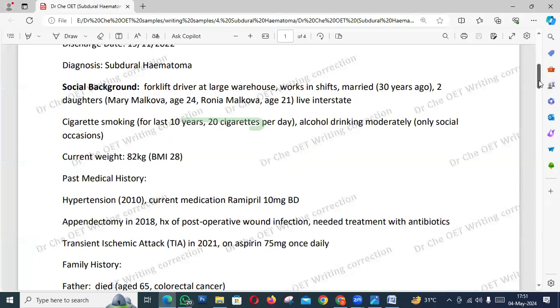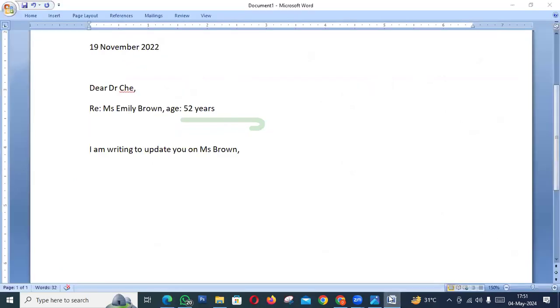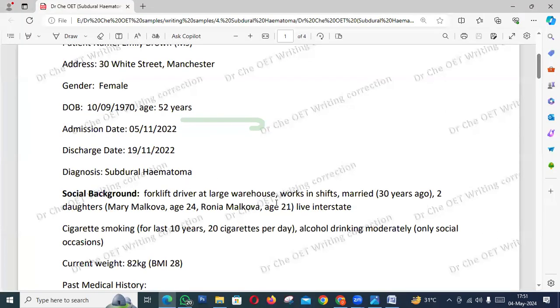So you can use age here if you wish. It's not obligatory. You can write it, you can skip it, okay? You can even write the profession of the patient, a 55-year-old forklift driver. You can even write like this. A 52-year-old forklift driver. Because my letter is already long, I will try to skip it.